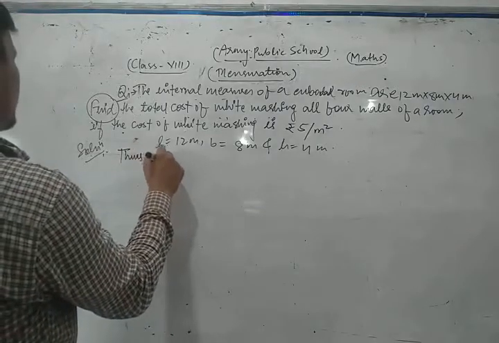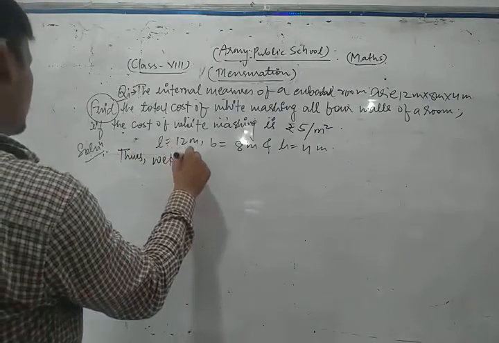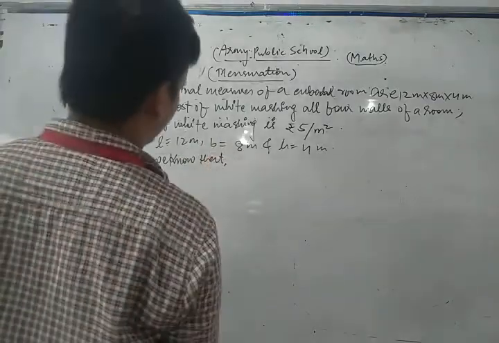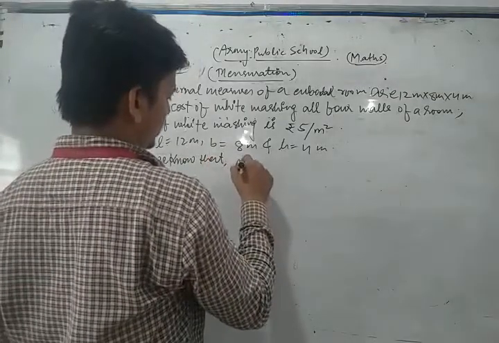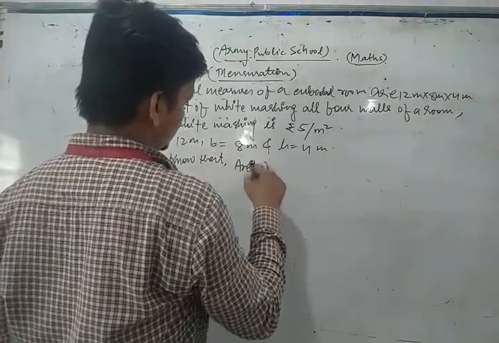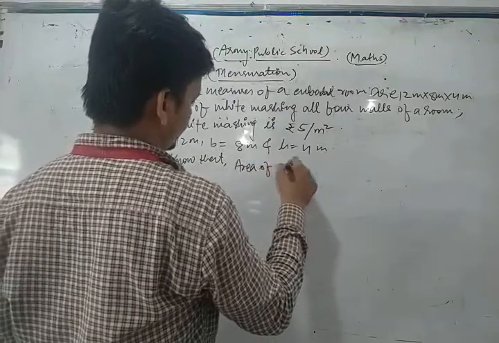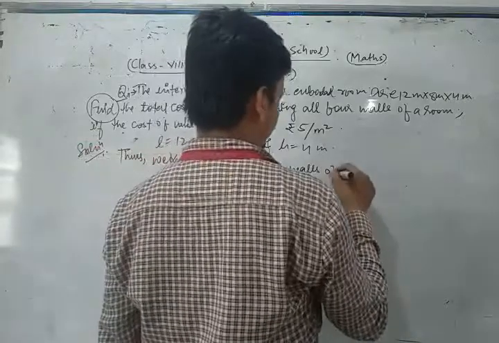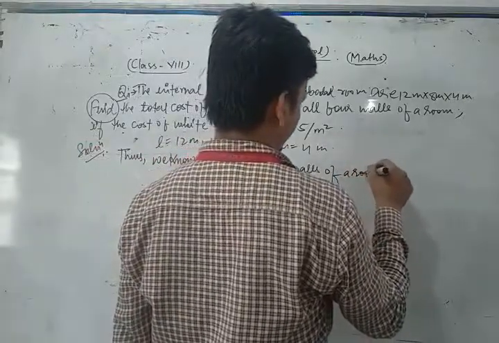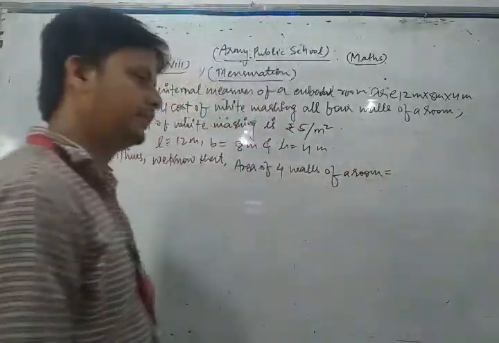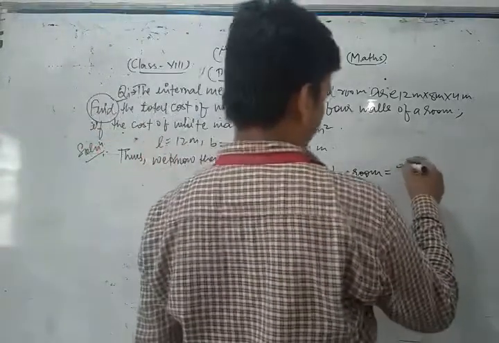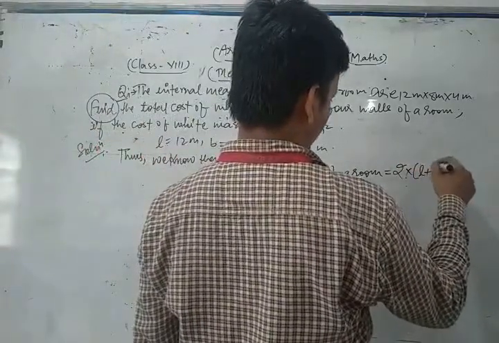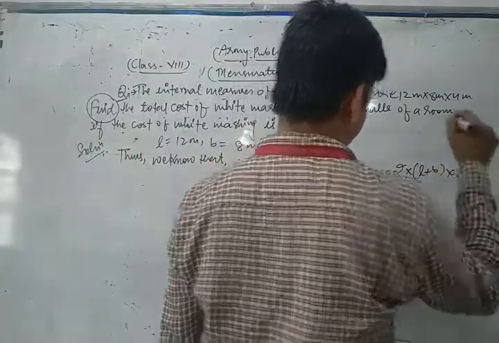So thus we know that area of four walls of a room is equal to 2 into length plus breadth into height.